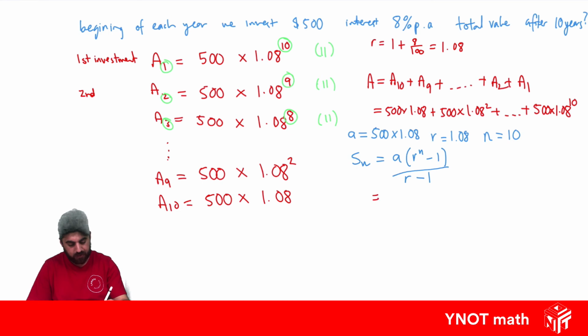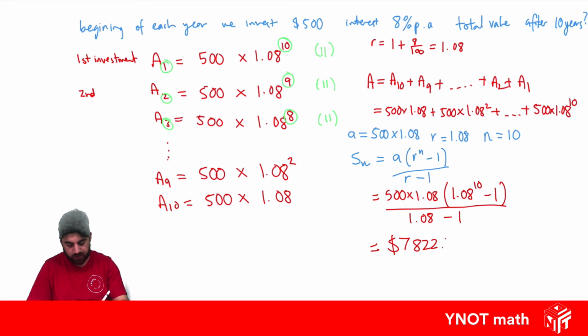So we're going to get a, so that's our first term, of 500 times 1.08 multiplied by r, which is 1.08 to the power of n, which is 10, minus 1, all over r, which is 1.08 minus 1. All that can go in the calculator, and you'll get $7,822.74.